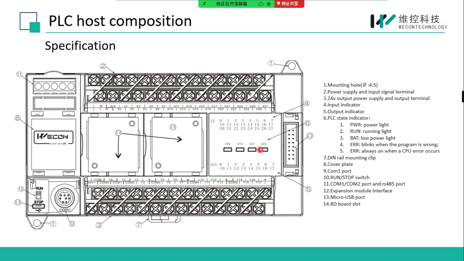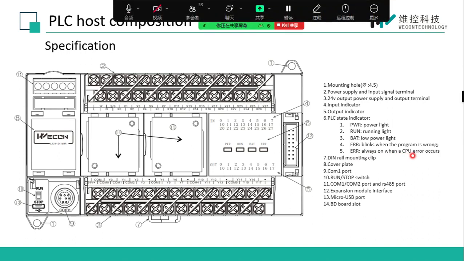And this error LED blinks when the program is wrong, and if it is always on, it shows there is something wrong with the PLC's CPU.